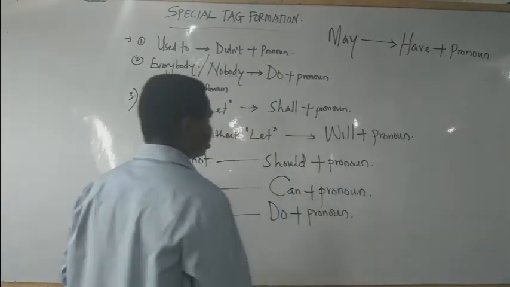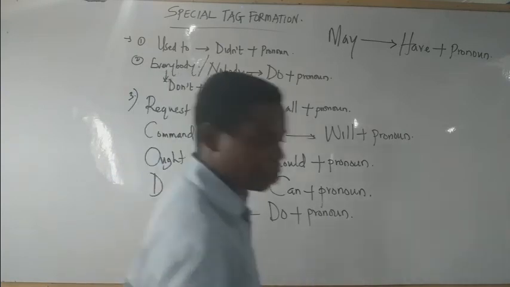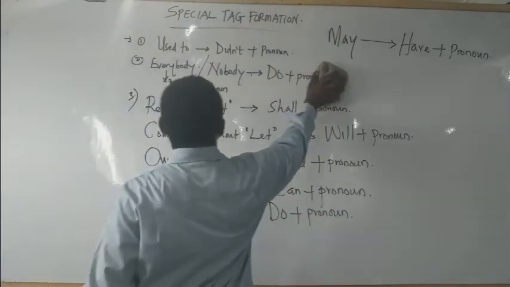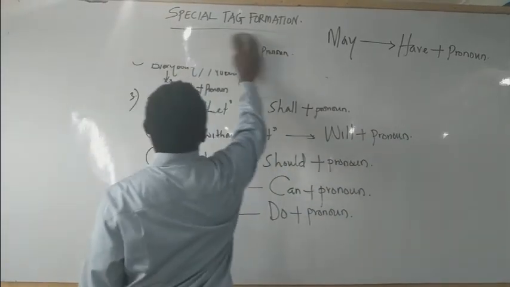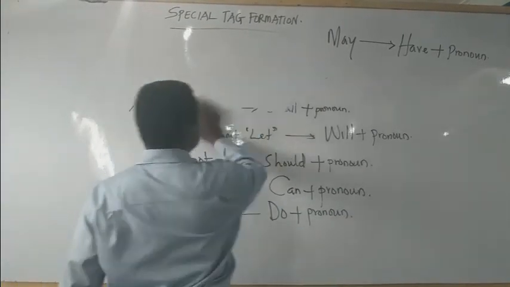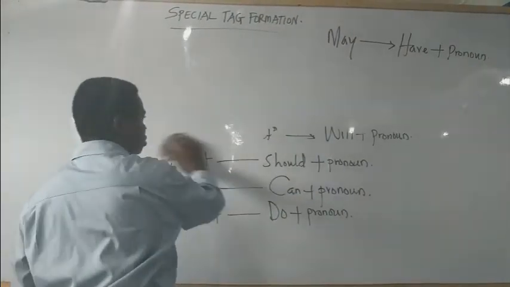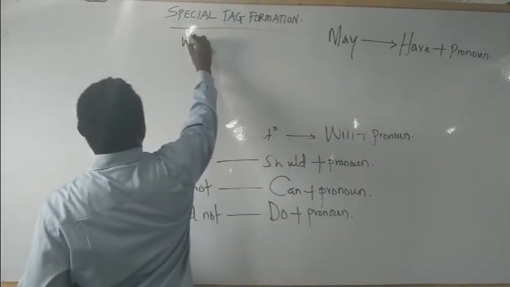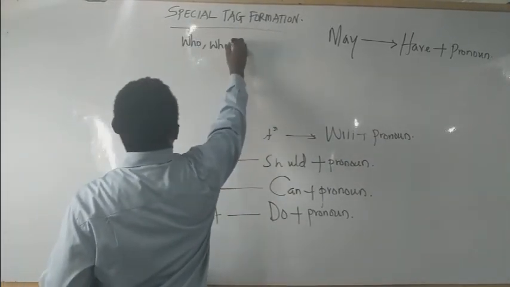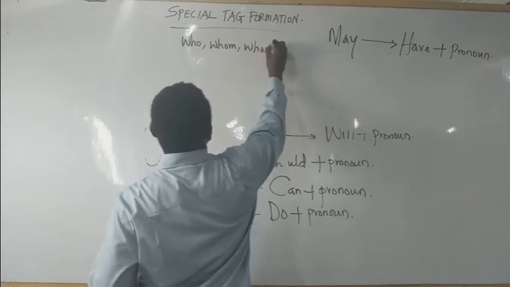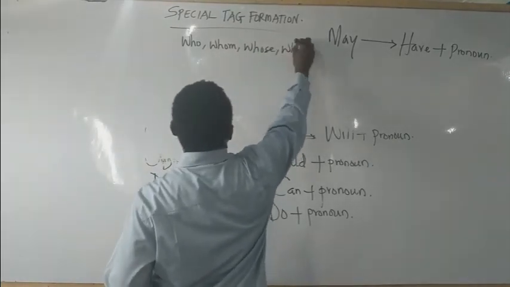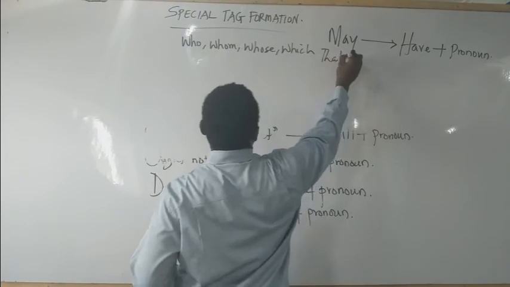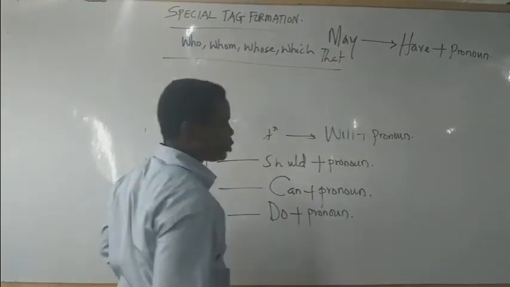And then lastly, for this aspect, when you use relative pronouns. Now what are relative pronouns? They are who, whom, whose, which, and that. These are your relative pronouns in English.